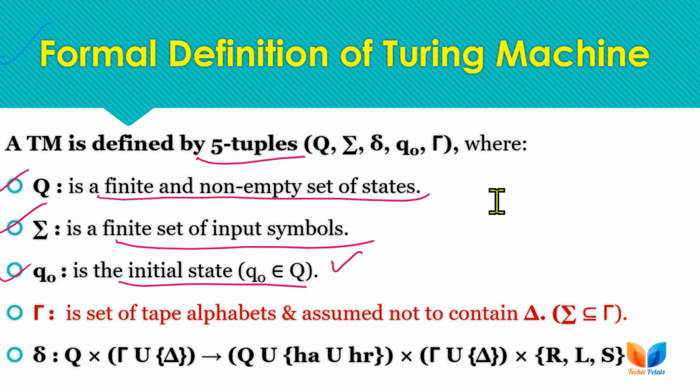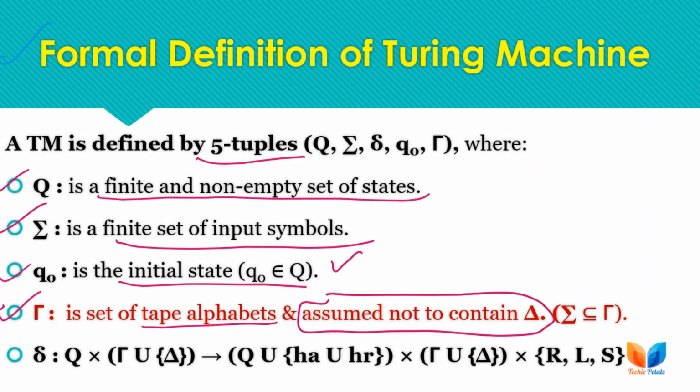Now this is a new tuple that defines the set of tape symbols, and it is not assumed to contain the blank. So if there is nothing on the tape, we call it a blank symbol, but we are not saying that the tape symbols include the blank. Tape symbols include the input symbols and the symbols used for the output or for the computation.